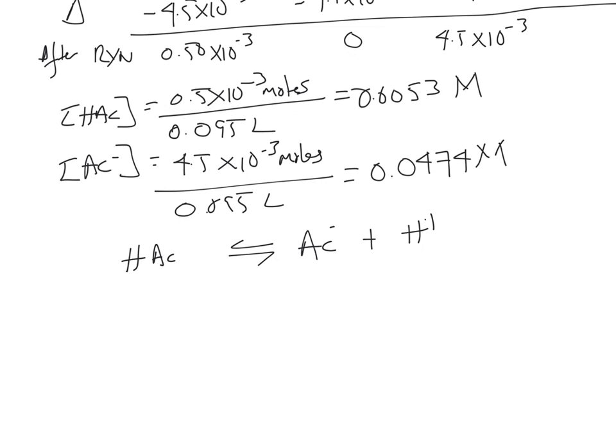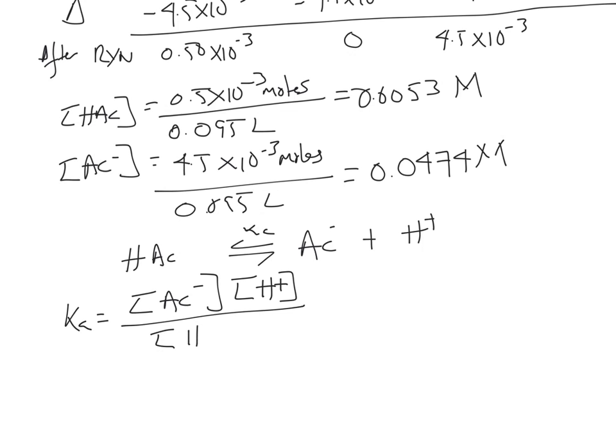Okay, so that means that the Ka for this equilibrium is going to be equal to the concentration of acetate times the concentration of H positive divided by the concentration of the acetic acid. And the Ka for the acetic acid is equal to 1.8 times 10 to the power of minus 5.